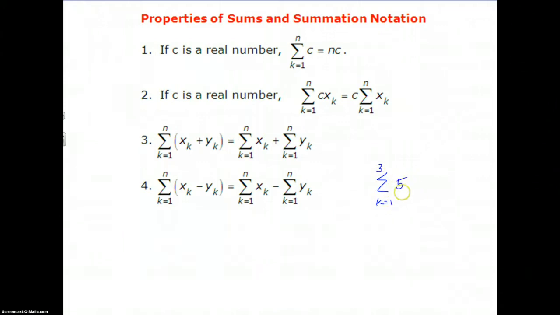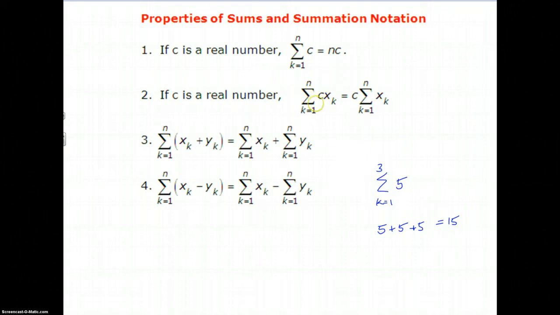Notice that there's no reference to k in this term. It's just a constant. So if k is 1, this term is 5. Increment, k is 2, it's still 5. And if k is 3, it's still 5. And we stop there. So it's equal to 15. Notice that is 3 times 5.